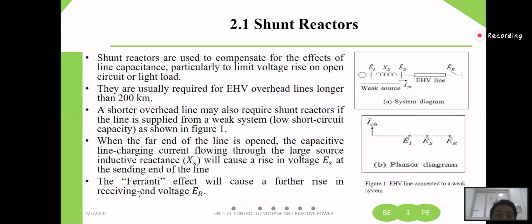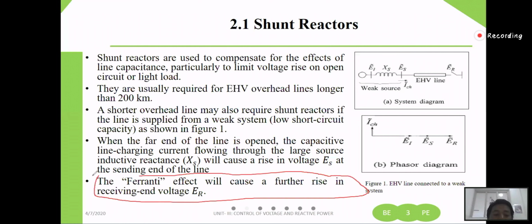You have heard of the Ferranti effect, where the receiving end voltage is greater than the sending end voltage. It is not desirable, right? We don't want the receiving end voltage greater than the sending end voltage. In such a case, we can use a shunt reactor to control it.